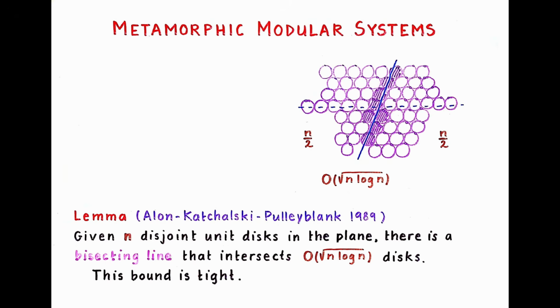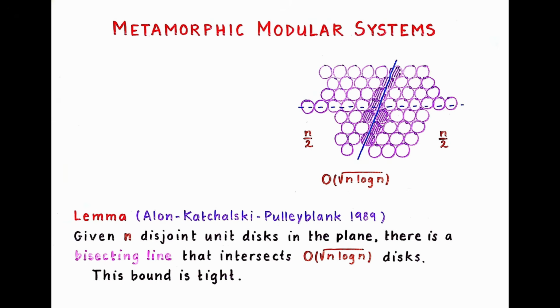And your job is that you want to bisect them. What does it mean to bisect them? You want to have at most n half coins on one side, and at most n half coins on the other side. You have to sacrifice some coins because this line will intersect some of the coins.